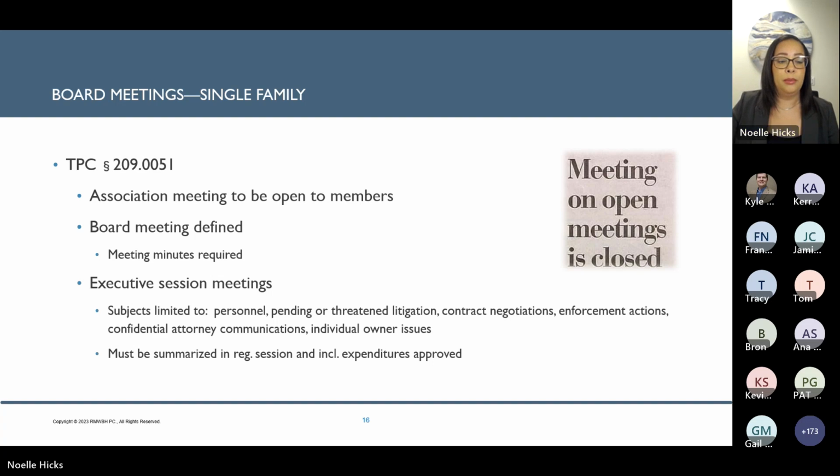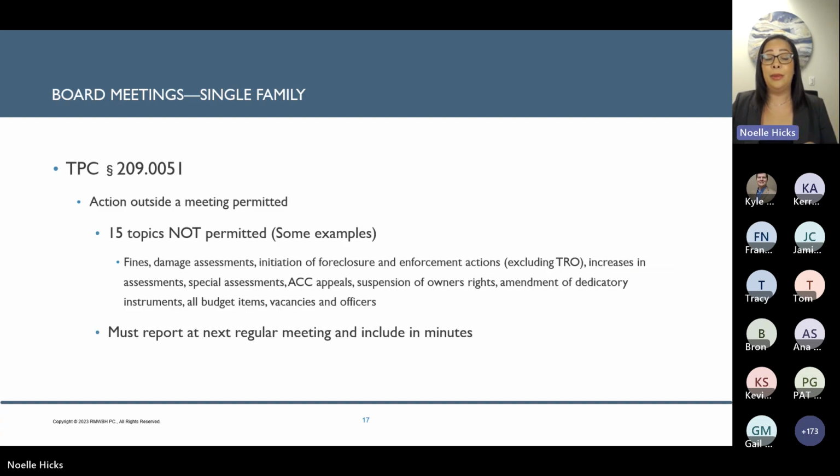So that's what's required. A couple of other things about 209.0051. If there is certain action that needs to be taken outside of a board meeting, then there are certain things that are permitted, but kind of similar to what I talked about in 82, there are very specific topics that are not permitted to be discussed outside of a board meeting. Here are some examples.